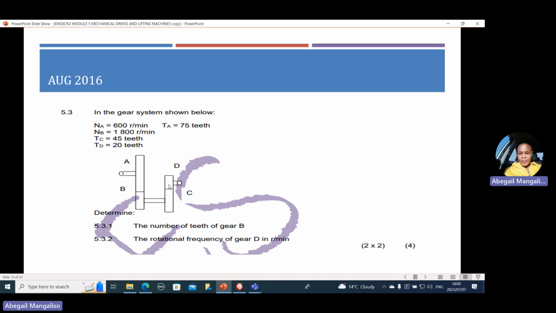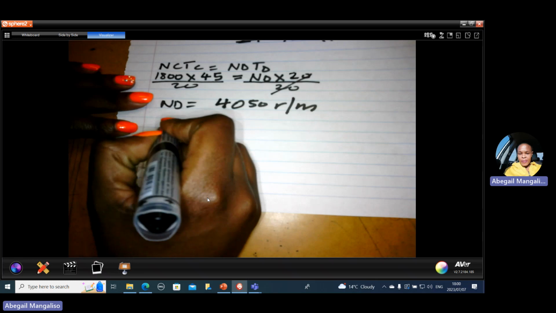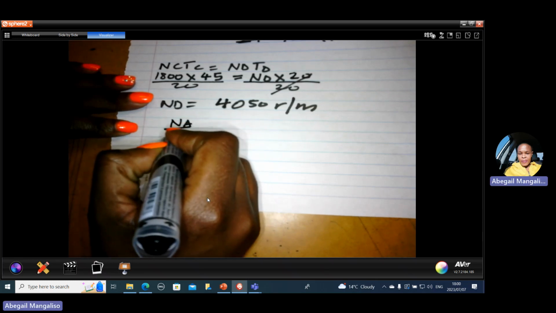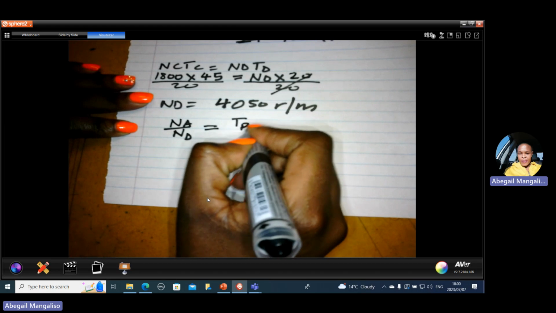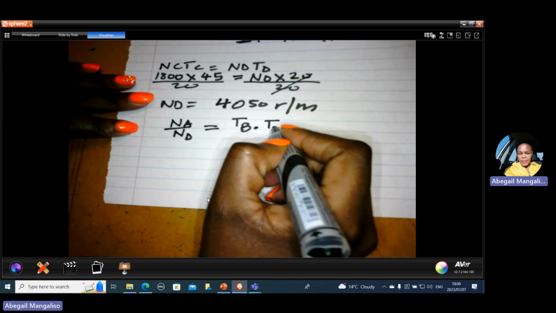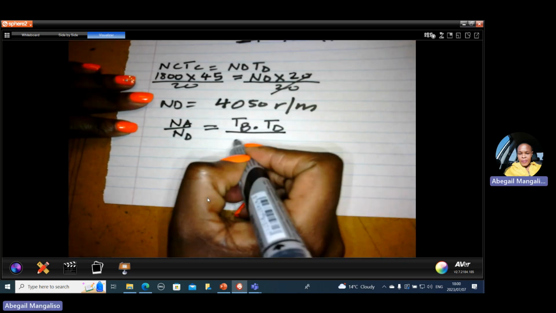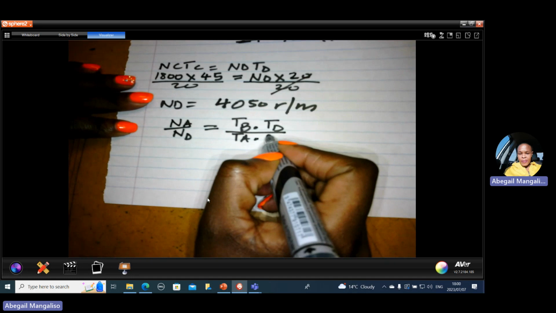We can get ND using the compound formula: NA divided by ND is equal to the product of the driven teeth, TB multiplied by TD, divided by the product of the driver teeth, TA multiplied by TC.